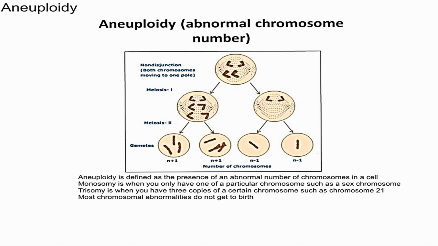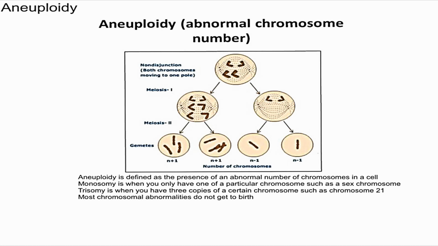And so usually this will occur with sex chromosomes more because your autosomes, which are the chromosomes that are not sex chromosomes, if you only have one of a particular chromosome, like for example, chromosome 3, more than likely the fetus will not make it to birth and it will spontaneously abort. So that's why it's pretty rare to see monosomy disorders for autosomes.